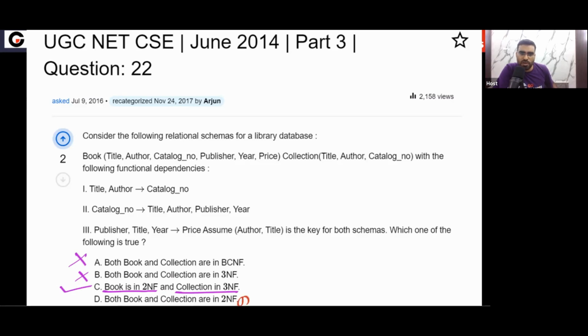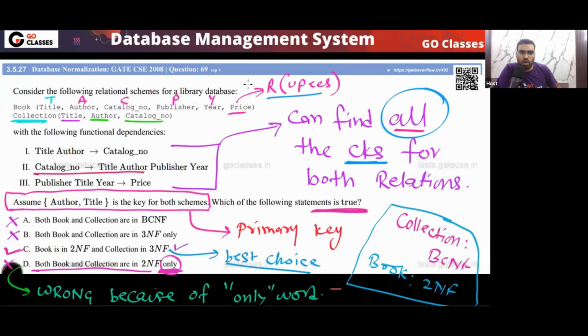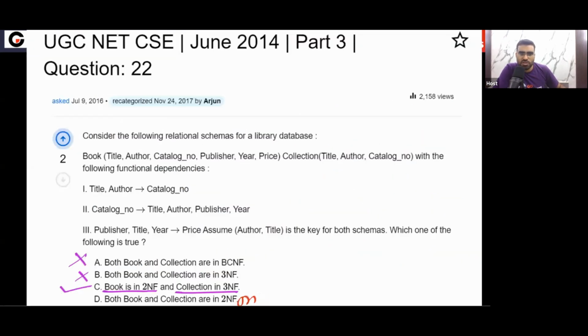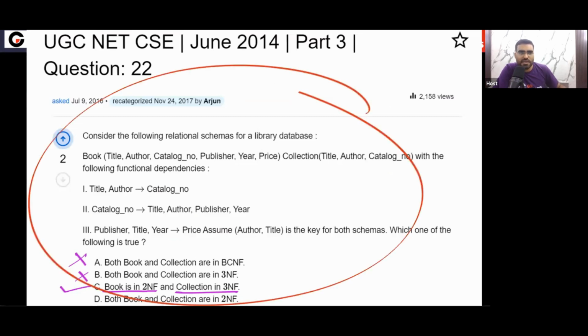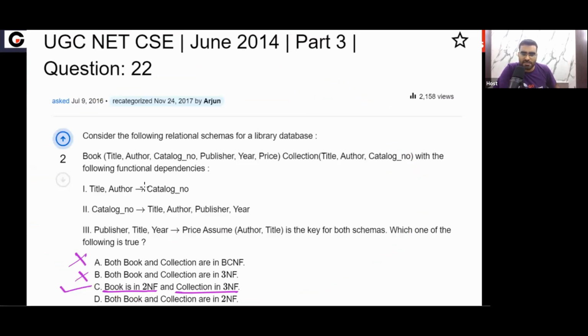They did not copy the word 'only'. Did you notice? They are copying the GATE exam question, but at least copy it as it is.